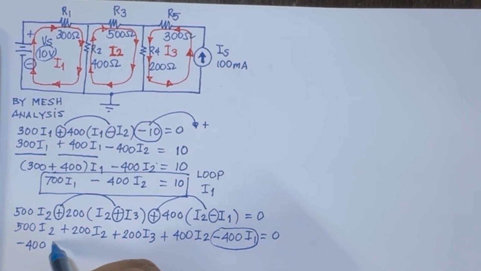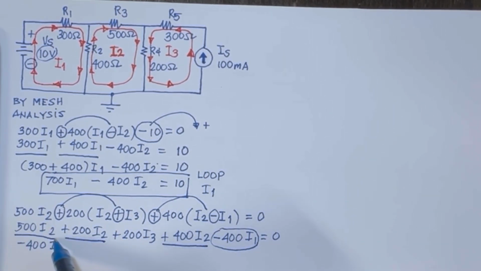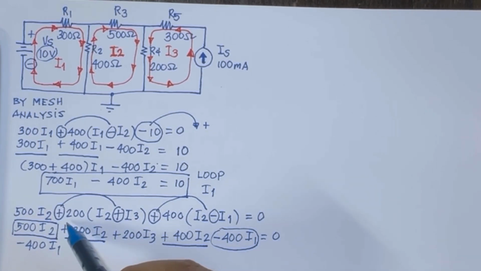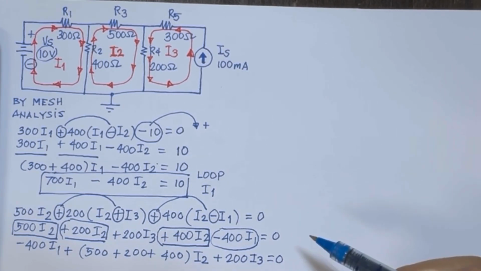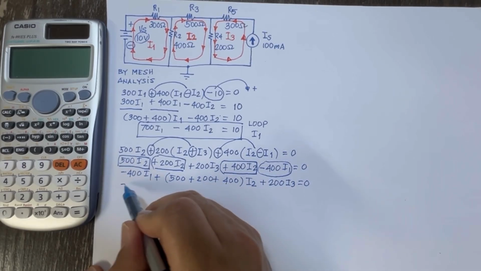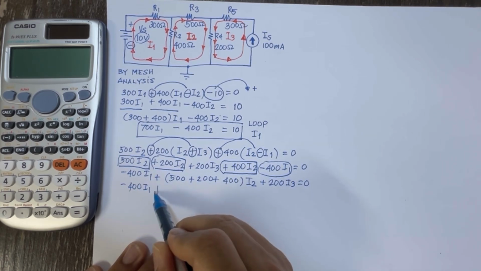Then we have here the negative 400 I1. We put it here in the beginning. And then we will follow it with I2, which is 400, and another one, 200 and 500. Let's encircle them and add all of these values: 500 plus 200 plus 400 multiplied with the factored out I2, plus 200 I3. I arranged the equation so that I1, I2, and I3 will be in succession.